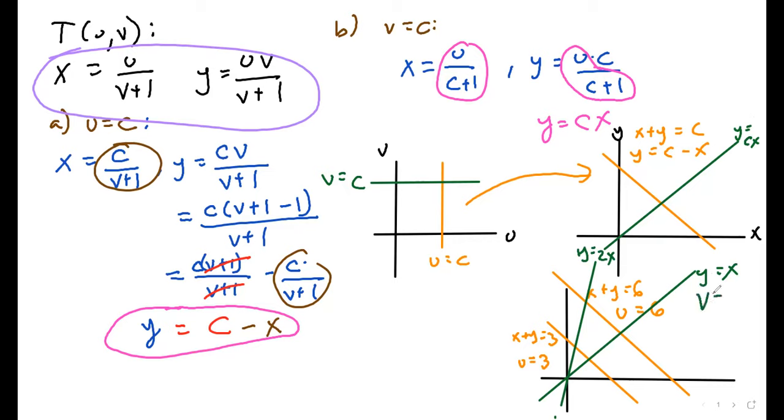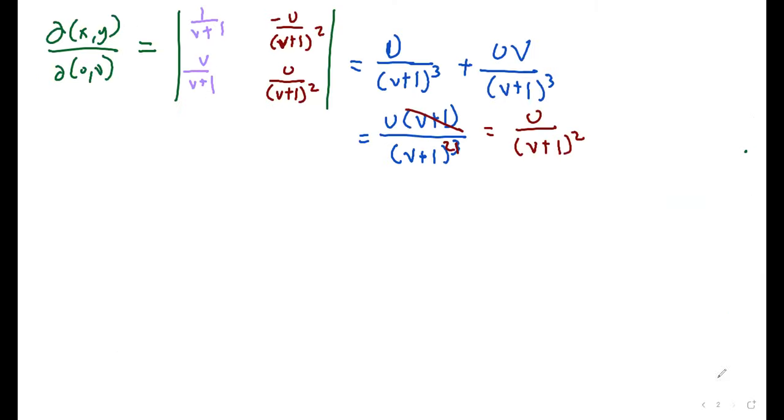So y is equal to x comes from v is equal to 1, and y is equal to 2x comes from v is equal to 2. So what is our integral? Well, the region of integration, I guess we should say here, is u runs from 3 to 6. This is part D. V runs from 1 to 2.